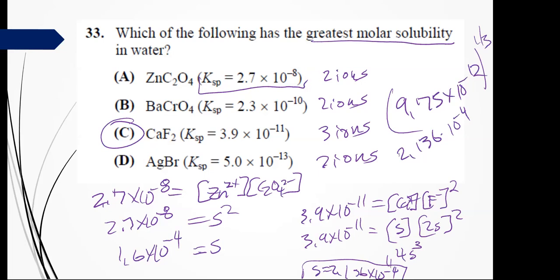So look at your calculator. You might just be doing 3 times the square root of 9.75 times 10 to the minus 12 on your calculator.